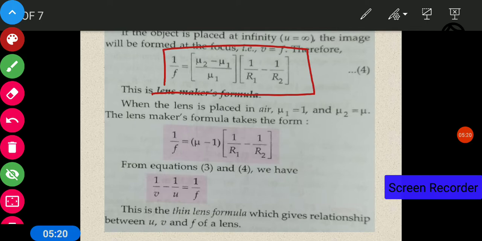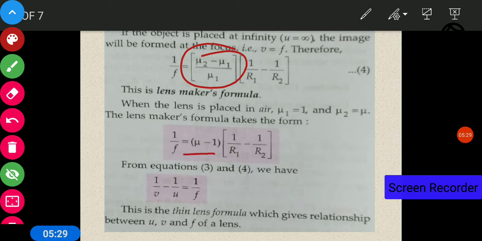Now when the lens is placed in air, we can take mu1 equal to 1 and mu2 equal to mu. So this relation further reduces to mu minus 1 into 1 upon r1 minus 1 upon r2.